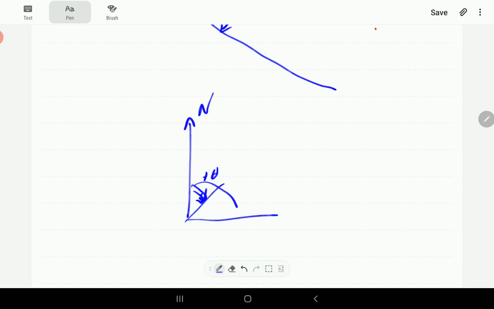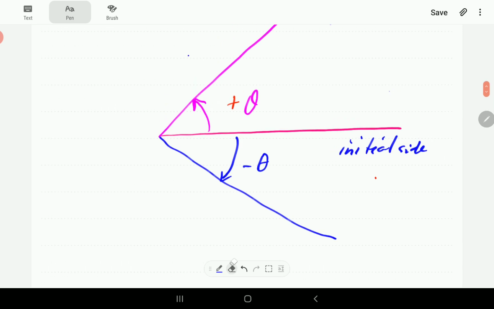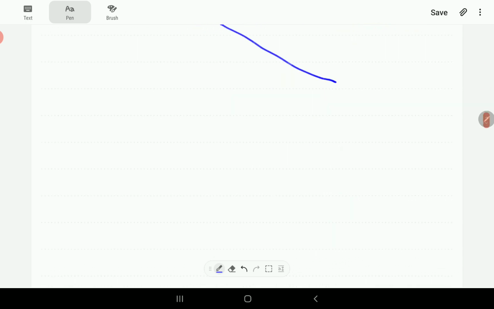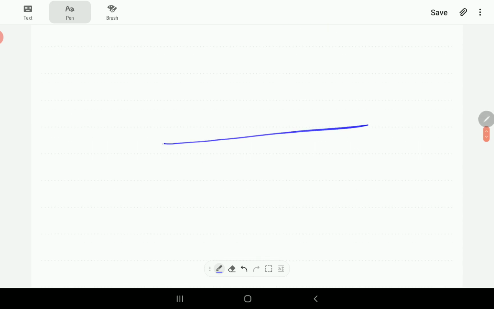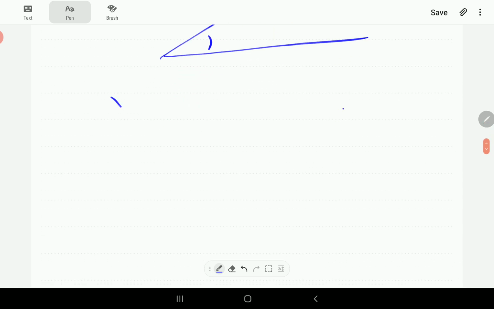So that would be a bearing of 90 degrees clockwise. But in the case of trigonometry here, we would define an angle to be positive if it's in the counterclockwise direction.